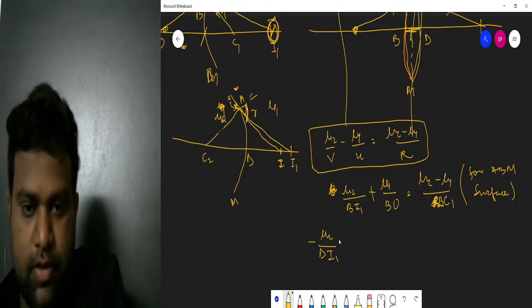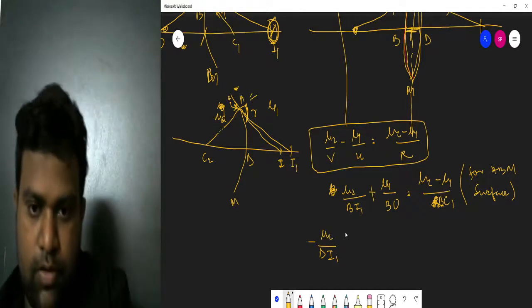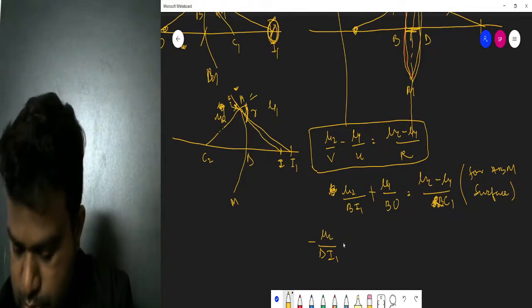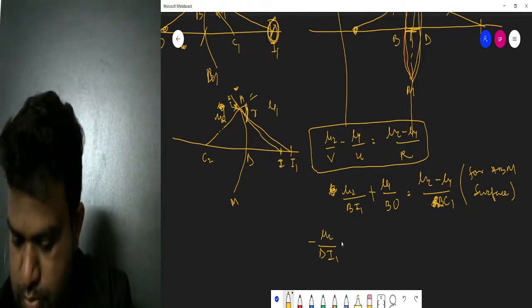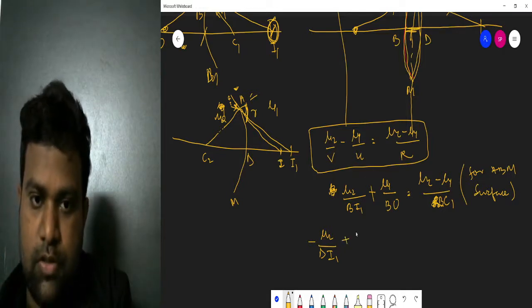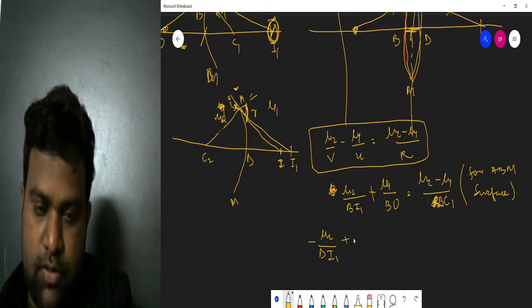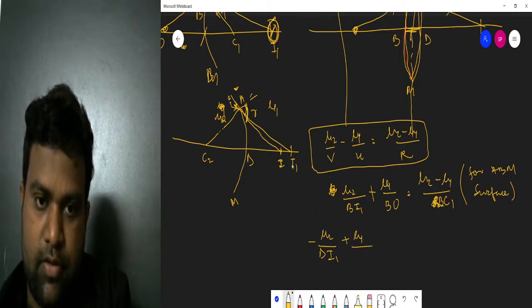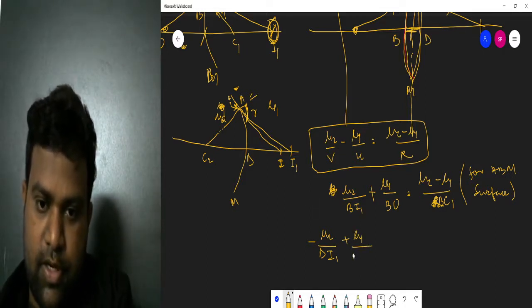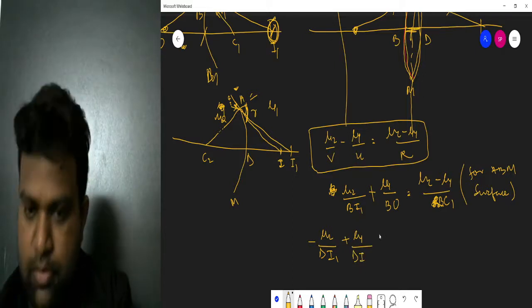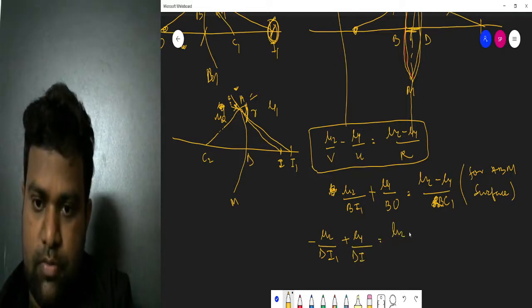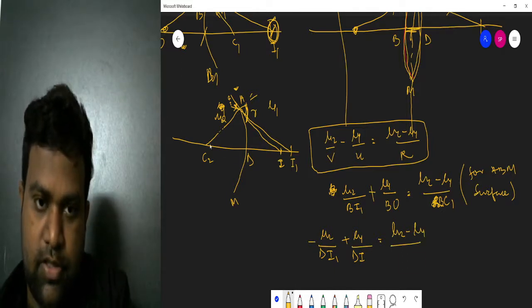Okay. Now plus, right side, it's mu 1 divided by the image formed at DI, equal to mu 2 minus mu 1 divided by its radius of curvature on the left side.